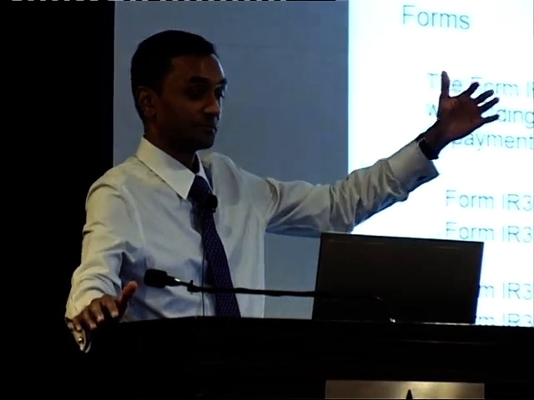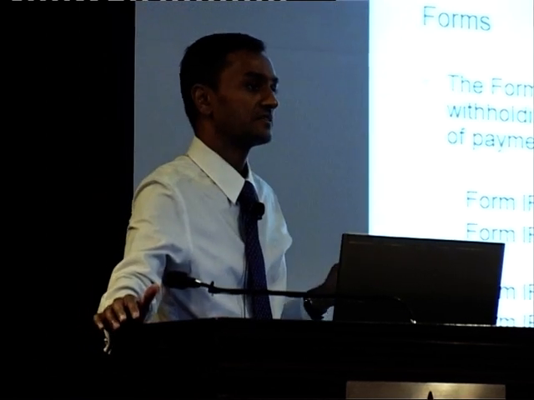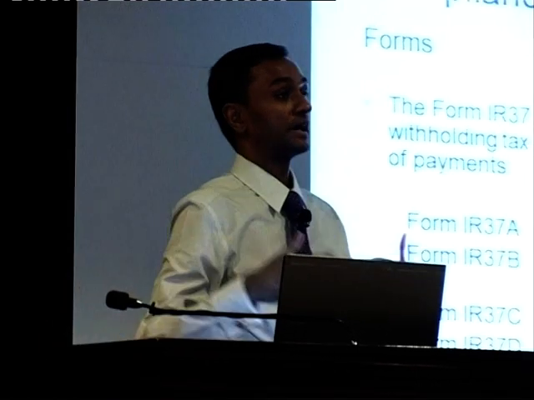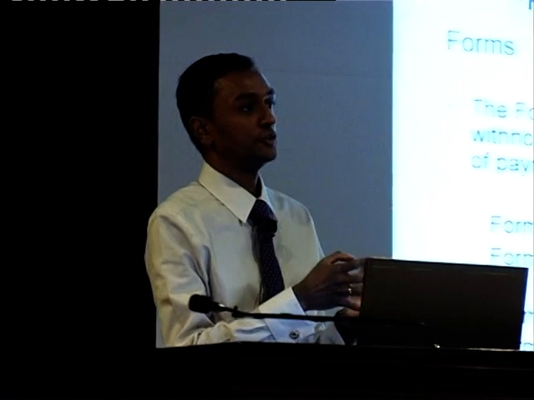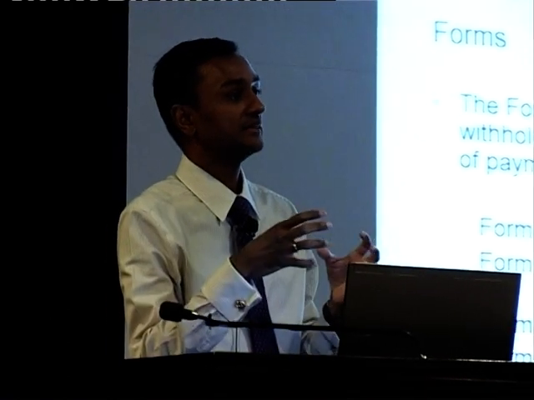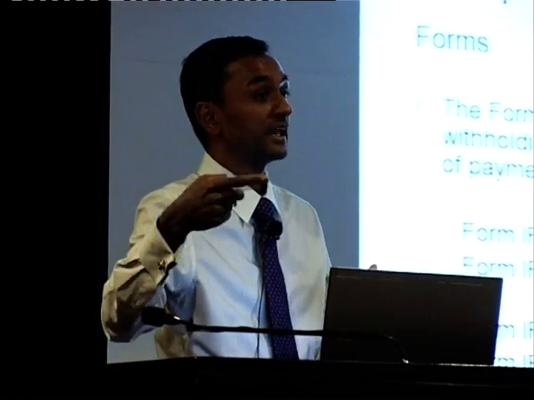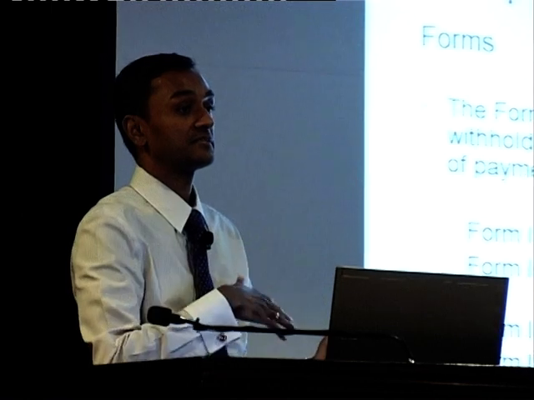That certificate of residence must be furnished by 31st March of the following year. So if you are filing now and you are claiming a reduced rate of withholding tax under the treaty, then a certificate of residence must be furnished by 31st March of next year, failing which Inland Revenue would go back and assess on the normal rates as though the reduced rates do not apply.